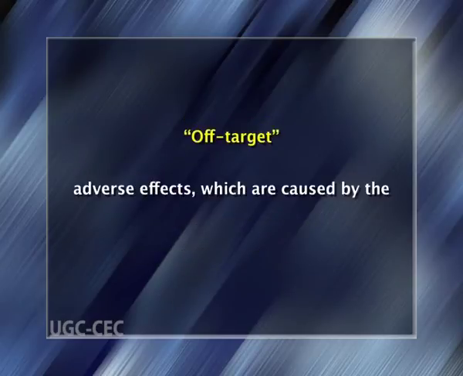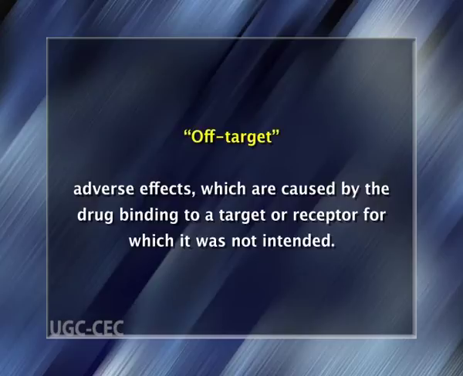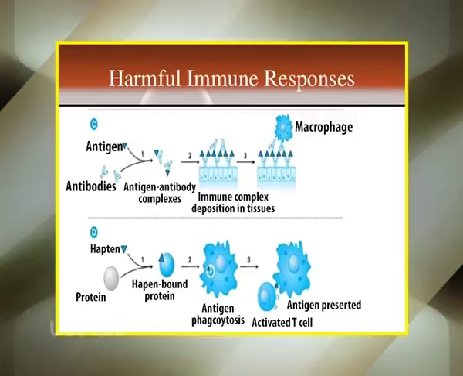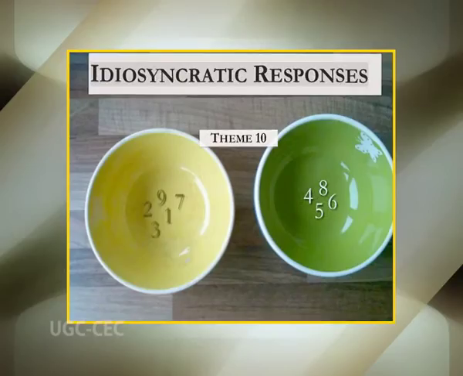Number second, off-target adverse effects which are caused by the drug binding to a target or receptor for which it was not intended. Number third, production of toxic metabolites. Number fourth, production of harmful immune responses. And number fifth, idiosyncratic responses.